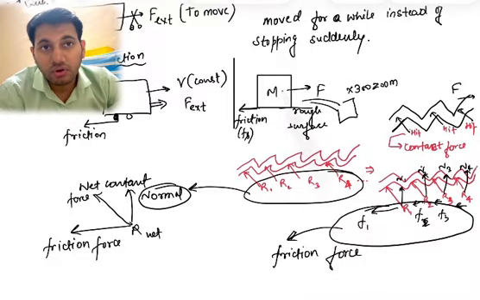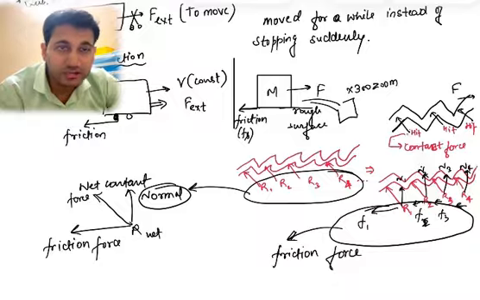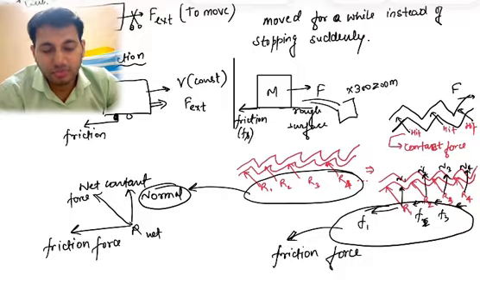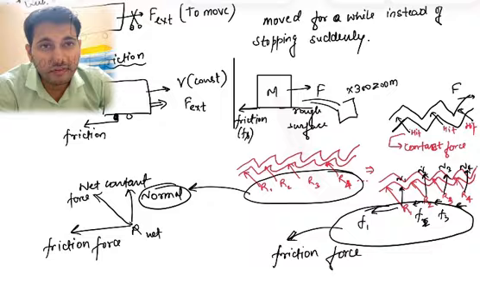The net of these contact forces we call the net contact force, and the horizontal component of this is nothing but friction, and the vertical component is the normal reaction. Hope you all understood the concept of friction very well. We will be understanding this concept of friction in more detail in the upcoming chapter of friction.